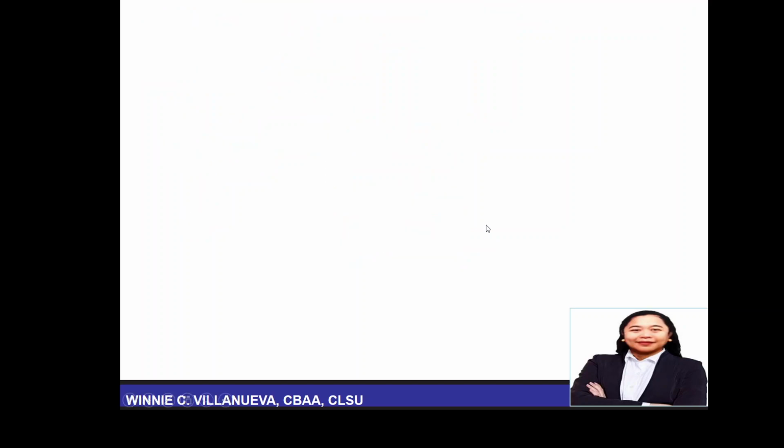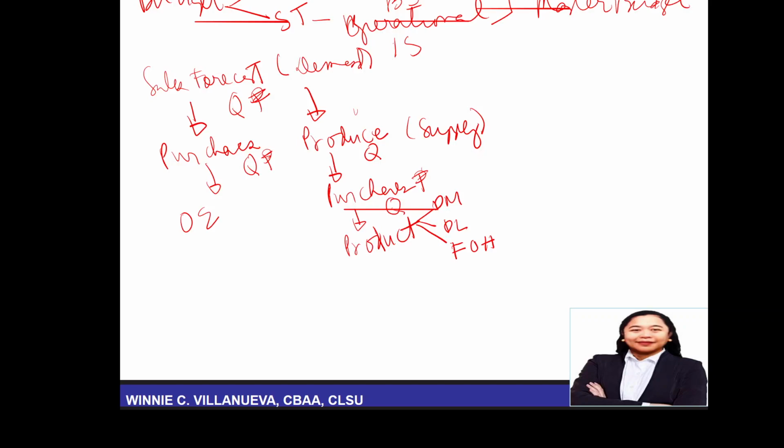Di ba? Nahuhuli, sinusulat. At lumilipat. Okay. So, after your operating expenses, then you can now look into the preparation of the projected income statement.